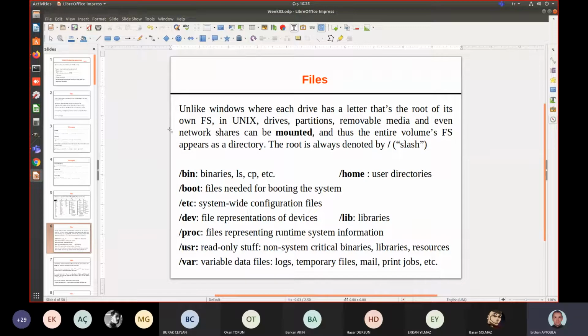In POSIX, the root of the file system is represented by the slash character. And it can contain underneath it multiple drives. It is possible. You can mount multiple drives, multiple actual devices, CD, whatever drives you have, onto the same file system. That is not possible in Windows. In Windows, each drive has its own separate file system. So that's a fundamental difference between the Windows and POSIX compatible systems.